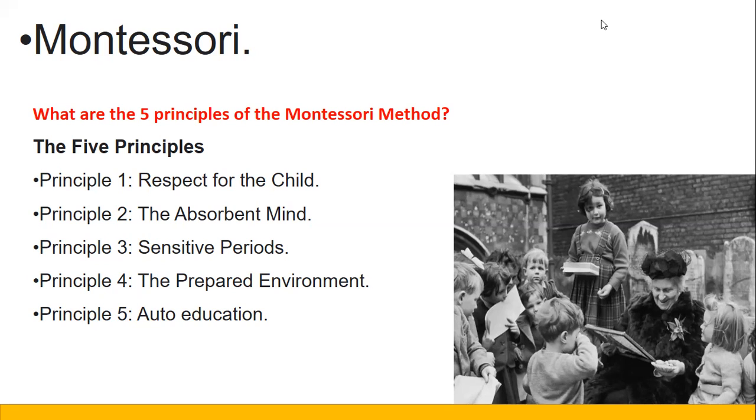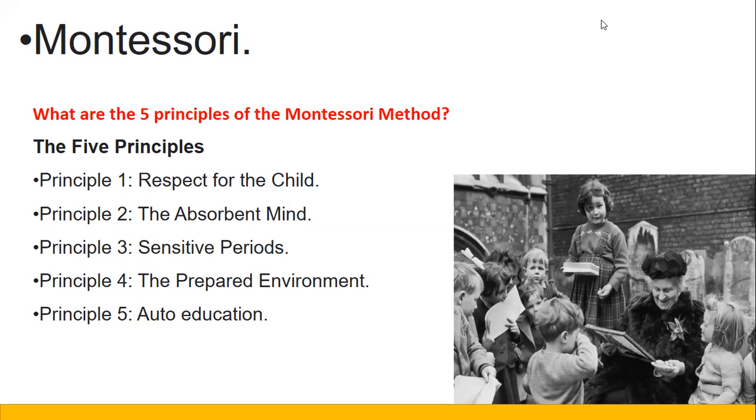Esta señora creó 5 métodos para la enseñanza. El primero es respect for the child. El segundo método, the absorbent mind. El siguiente, the sensitive periods. El número 4, the prepared environment.